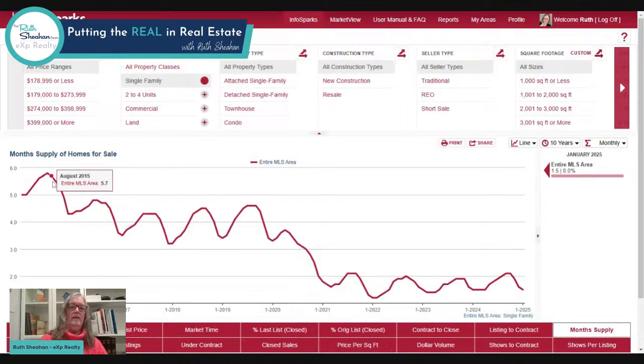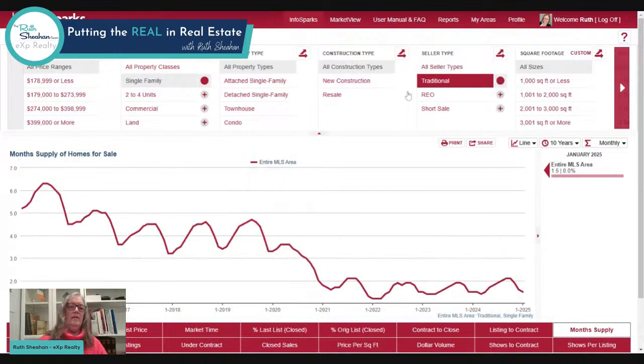Yeah, so we've got almost 6 months of inventory when we include those, and drop down a bit when we, oh no, we didn't drop down. The picture changed. So more than 6 months in just traditional. That's interesting.